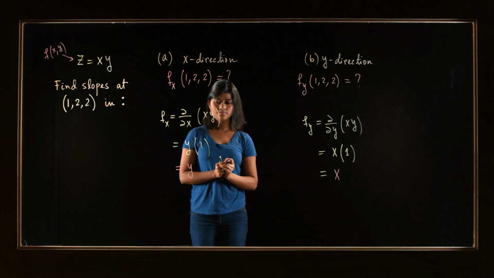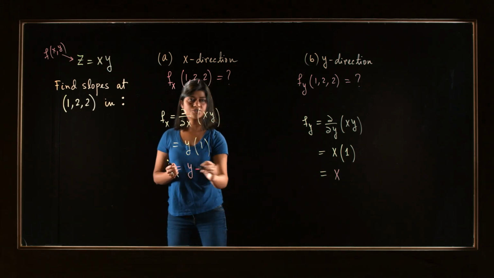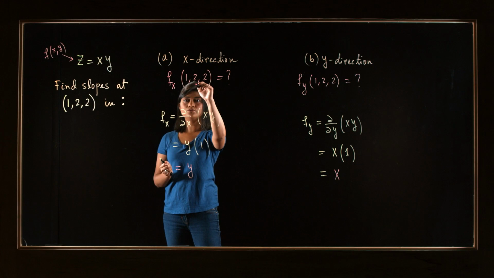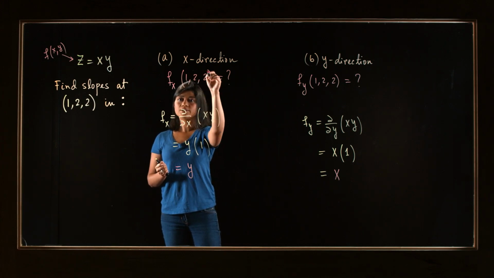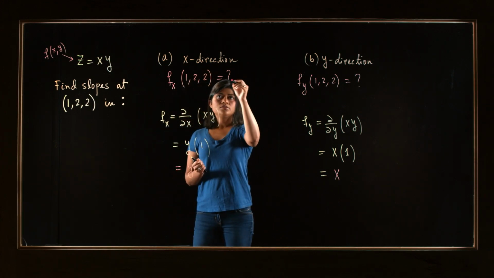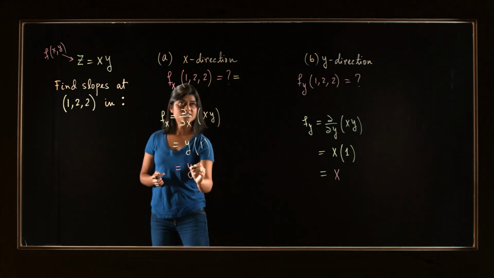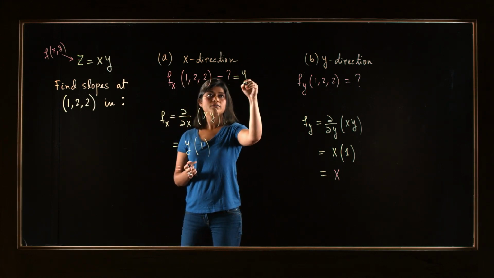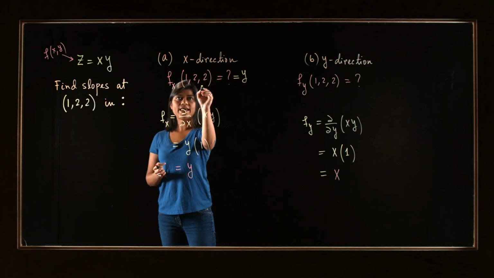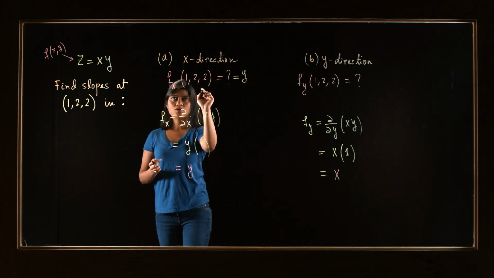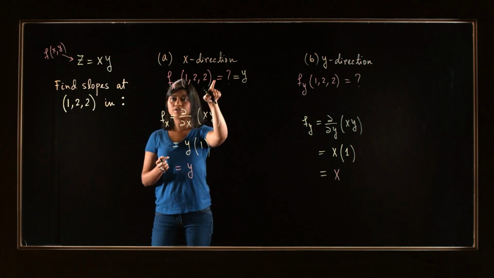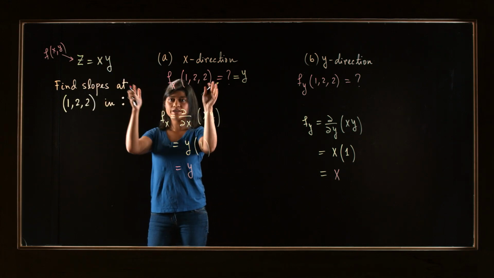All right, now that we have the expression for the derivatives, all we have to do is plug in the point. So come to the f_x, the expression is y, and we have to evaluate at this point. Now what do we know when a point is written? This is a surface in 3 dimensions.